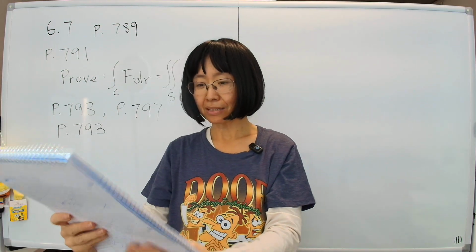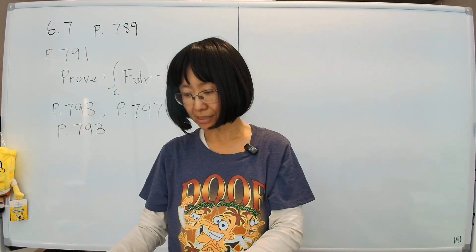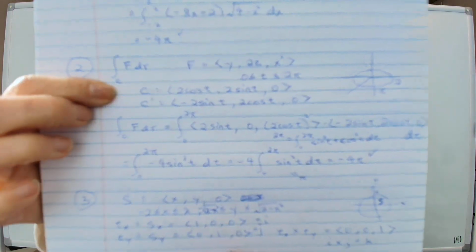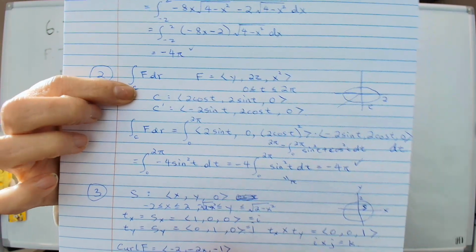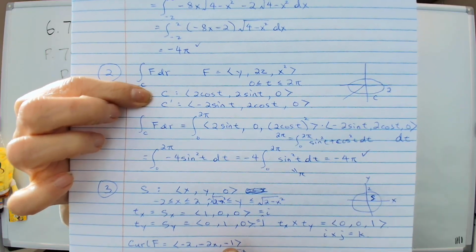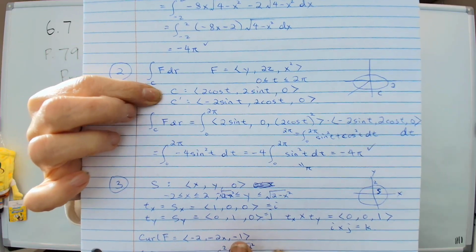Now the next method is that we're going to do the ∮_C F·dr. For this we're just parameterizing C, which is just the circle on the bottom, the boundary of that surface, right? And that is much better.